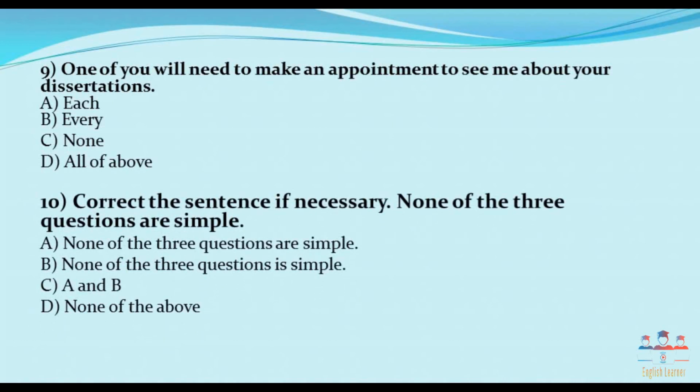"None of the 3 questions are simple." Option A is "none of the 3 questions are simple", meaning it remains as it is. B, "none of the 3 questions is simple." C, A and B both could be correct. And D is none of the above.